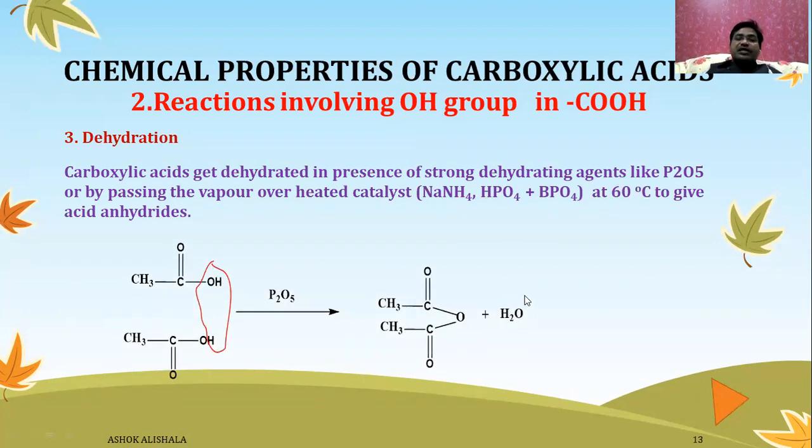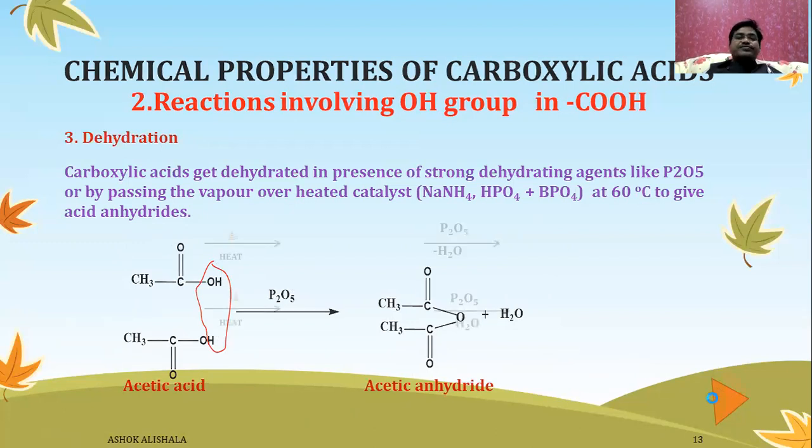Anhydration means nothing but removal of water. This is one acetic acid molecule, this is another acetic acid molecule. When heated in the presence of phosphorus pentoxide, they lose a water molecule and you get acetic anhydride. This is what we call the dehydration reaction.